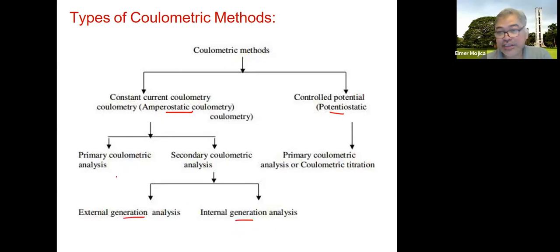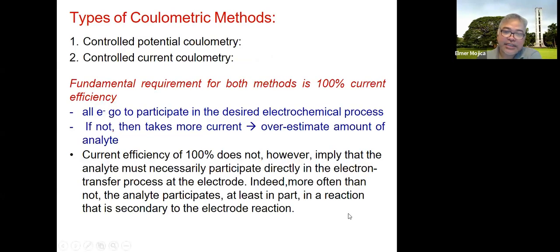But usually, this is just your coulometric titration. Now, for the controlled potential, potentiostatic, that is the primary coulometric analysis. Both of them can be a coulometric titration. In fact, that is the only use in this analysis, like a titration.